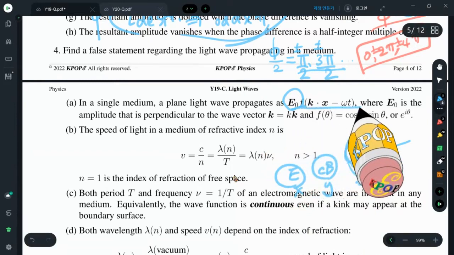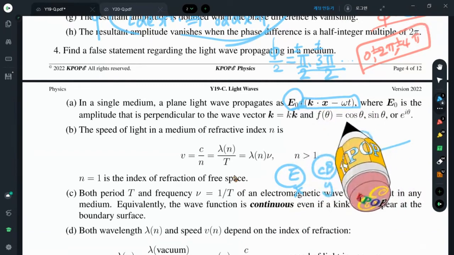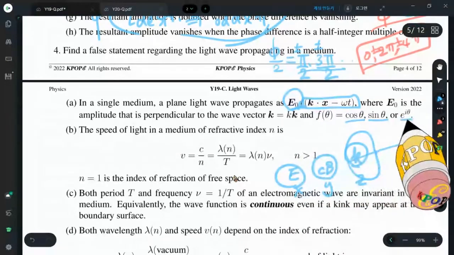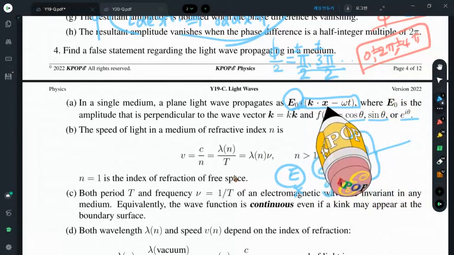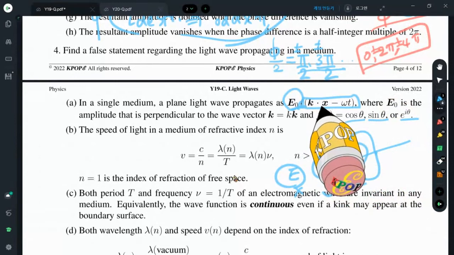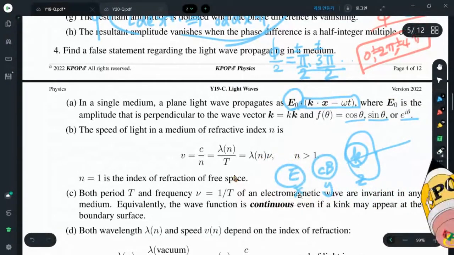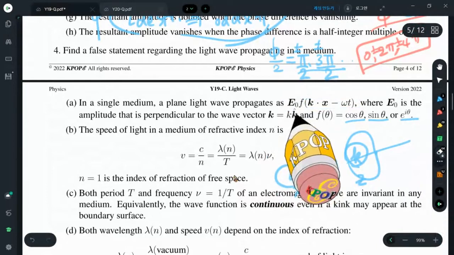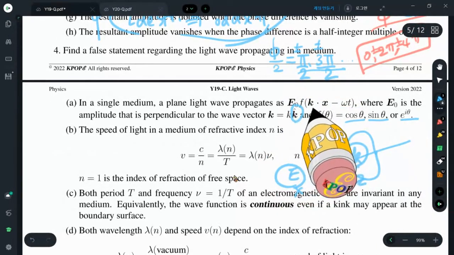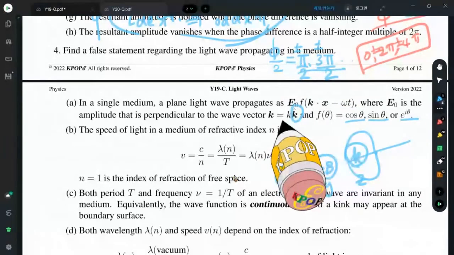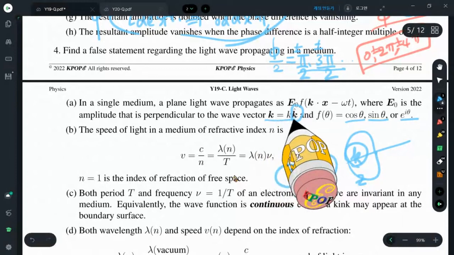We have some function, a sinusoidal function, a monochromatic sinusoidal function: cosine or sine or e to the i theta, whatever. And k in k dot x is a unit vector along the k direction, multiplied by the magnitude k, the wave number.